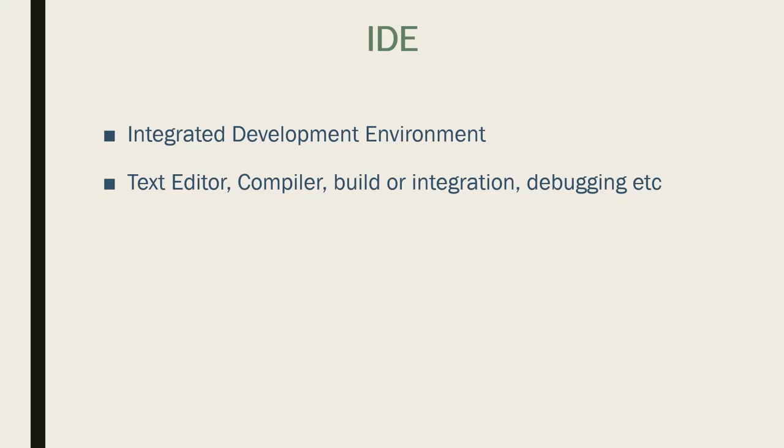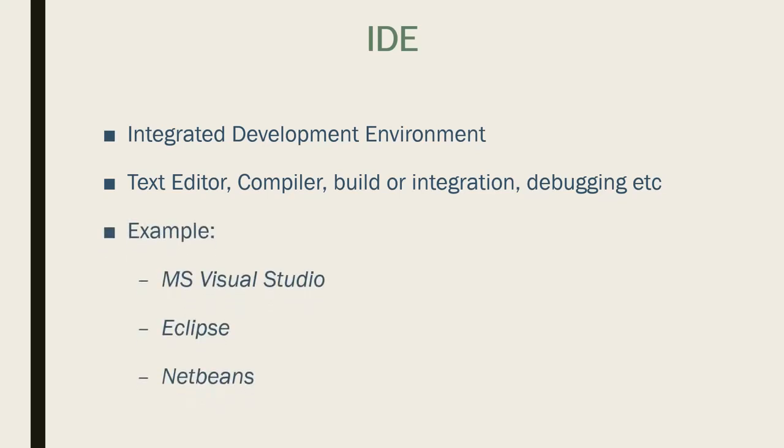We can also do debugging with the help of a developer toolbar, but to simplify our work, we can directly use an IDE. Some examples of integrated development environments are MS Visual Studio, Eclipse, and NetBeans. These are all the best IDEs where we can go for editing or debugging our code.